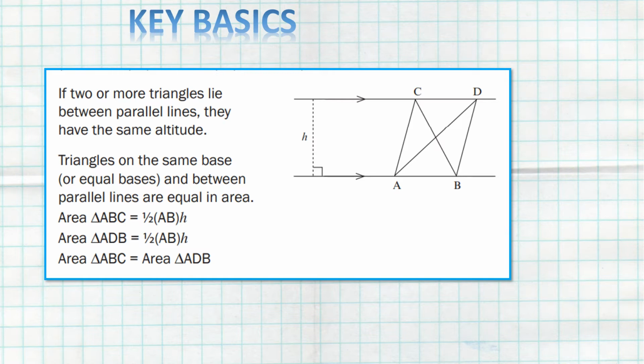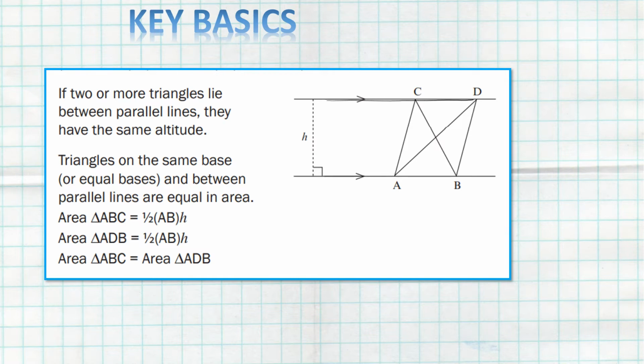Okay, so the first one says, if two or more triangles lie between parallel lines, they have the same altitude. So if you have two or more triangles that are lying between the same parallel lines, it means that their height is also the same, right?